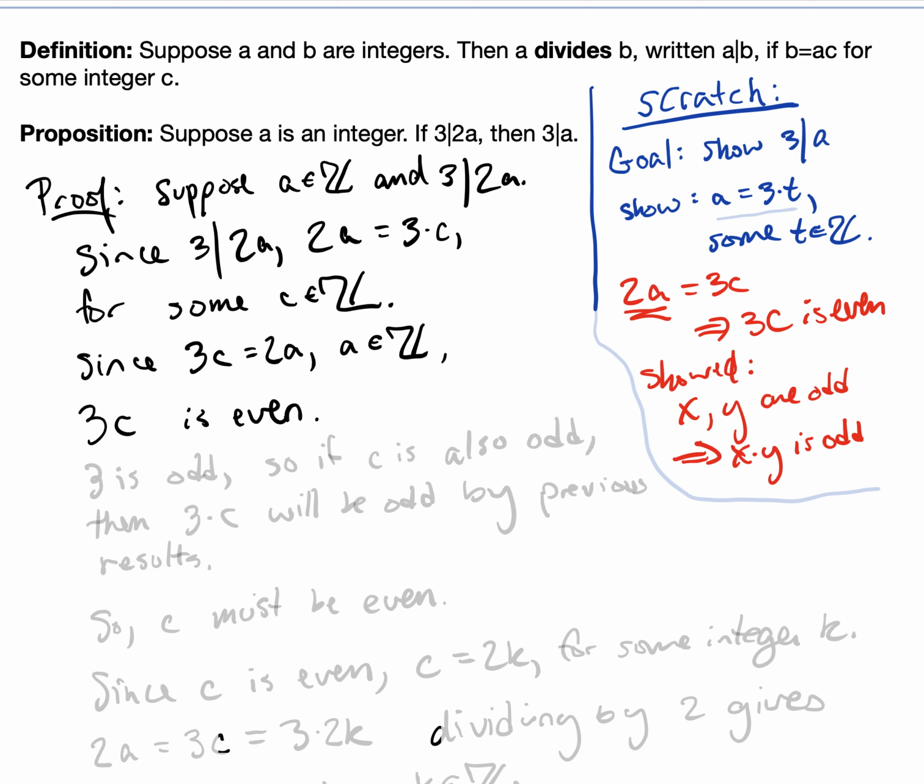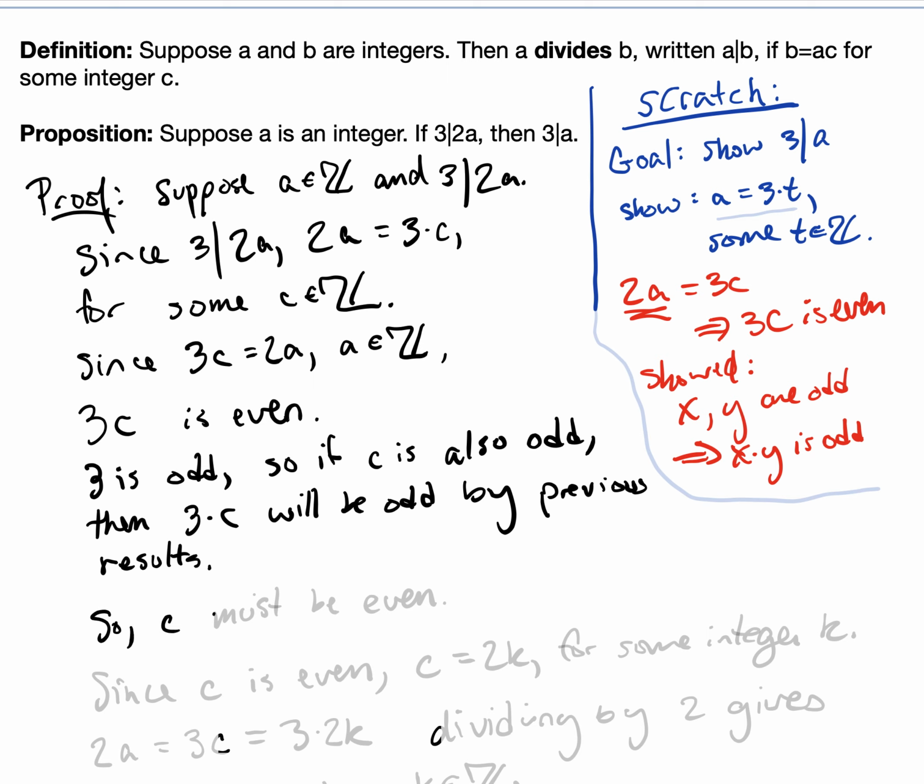We know that 3 is odd. So if c is also odd, then 3 times c will be odd by previous results. So c must be even.